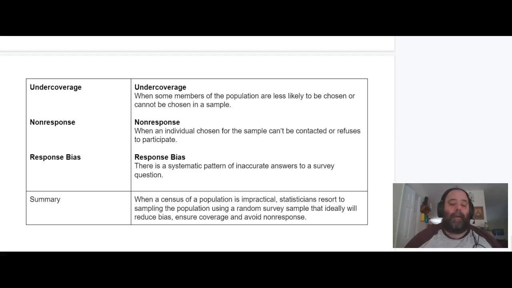Another way that a sample can go wrong is if there is non-response, right? One of the classic things when we do sampling of a population, especially government sampling, is that somebody who is undocumented in the United States may resist responding to that sample because they might jeopardize their remaining in this country by providing information.